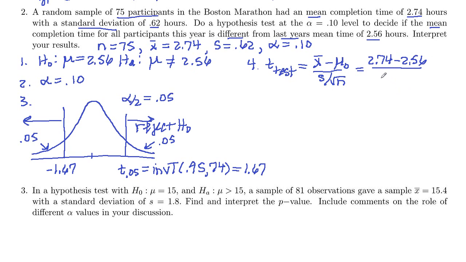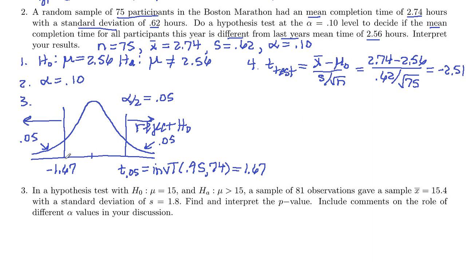And then we divide by s was 0.62, and then over square root of 75. And then if you plug that into the calculator, you will get negative 2.51. So you can double check me on that.